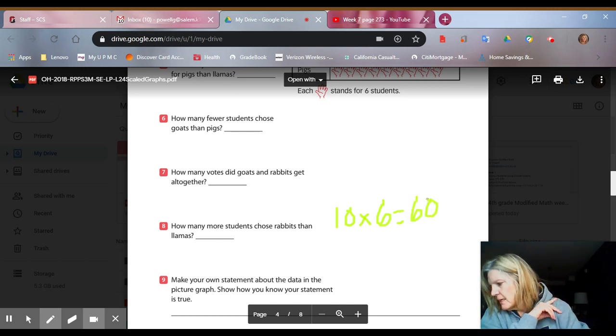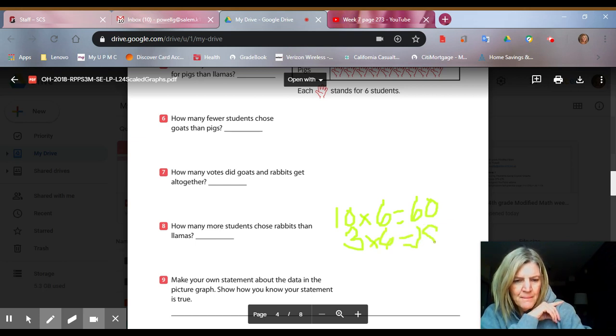Llamas, we had 1, 2, 3 symbols, times each symbol being 6 equals 18. To find how many more chose the rabbits than the llamas, we have to subtract. 60 take away 18.